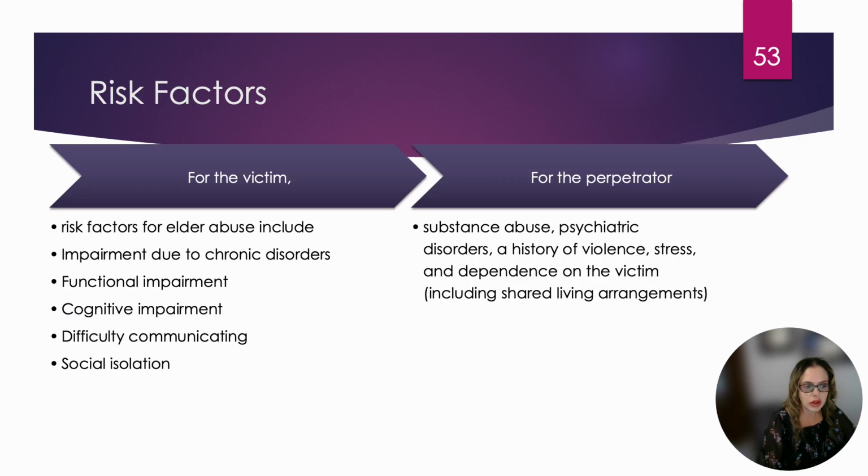Risk factors for the victim include impairment due to chronic disorders, functional impairment, cognitive impairment, so dementia patients, those with difficulty communicating, or social isolation. And for the perpetrator, there may be substance abuse or psychiatric disorders, a history of violence, stress, or dependence on the victim, such as a shared living arrangement.